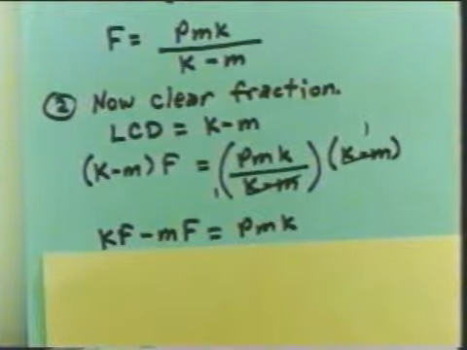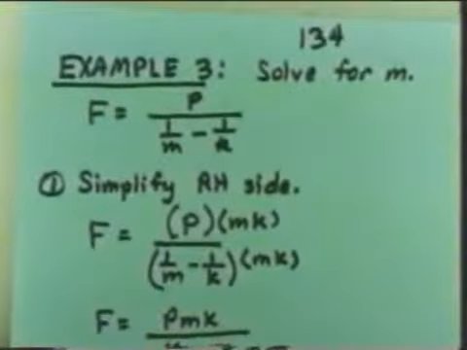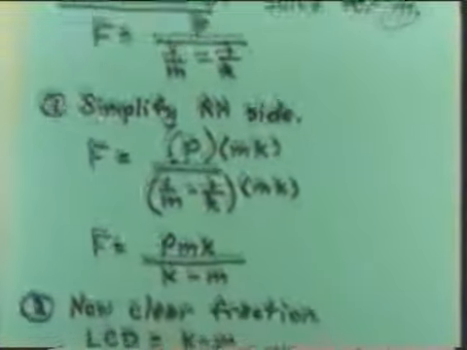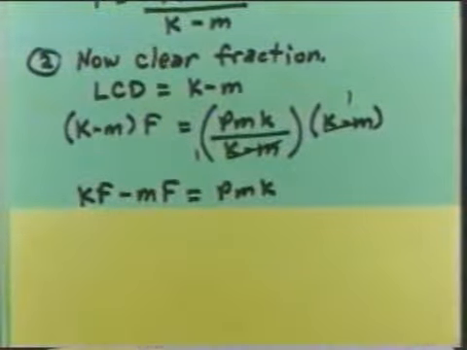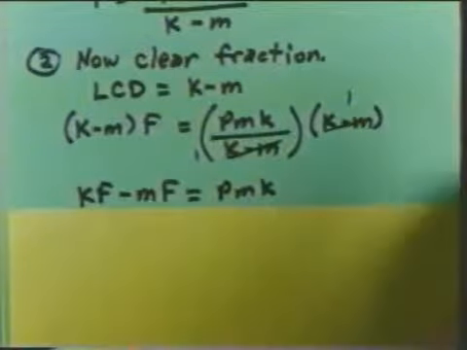Now in all of this we may have lost track of what we are to find. So let's go back to the very beginning and notice that we are to solve for m. In the equation that now stands before us, we have m on the left-hand side and m on the right-hand side.